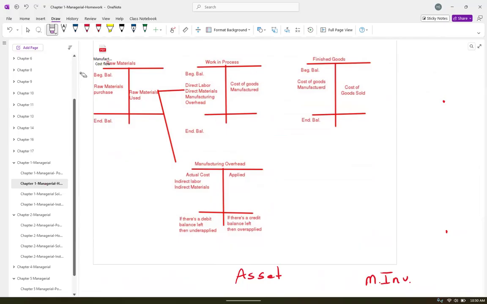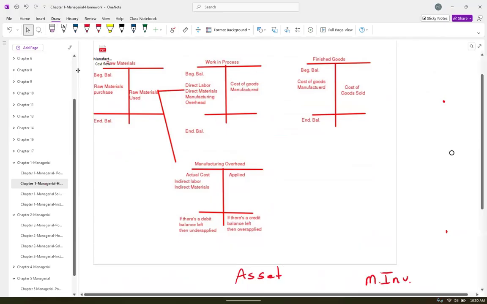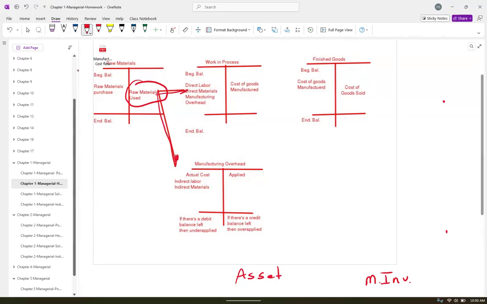So now you can kind of see the journal entry that they are doing has to do with the materials right here. Part of it's going straight into work in process, and the other part of it's going into manufacturing overhead. Okay. We're going to work on how this manufacturing overhead goes from here to here. We haven't gotten there yet, but we will.